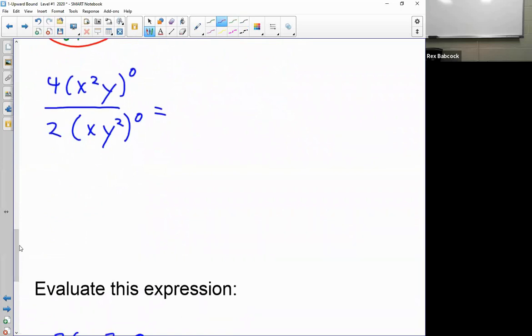Okay, what about this one? Did you get an answer for it? If not, let's try it. Everybody try that one. What's the answer to that?